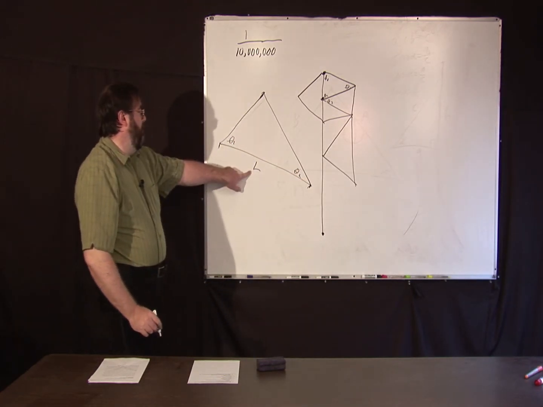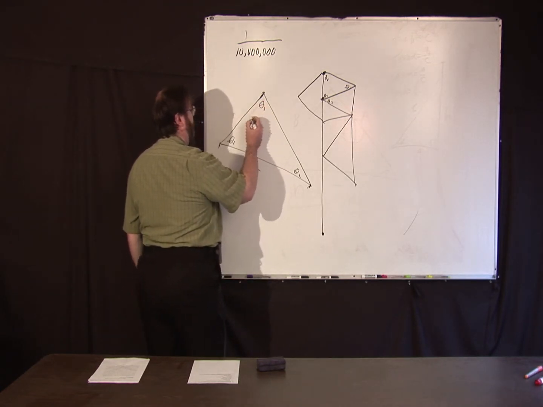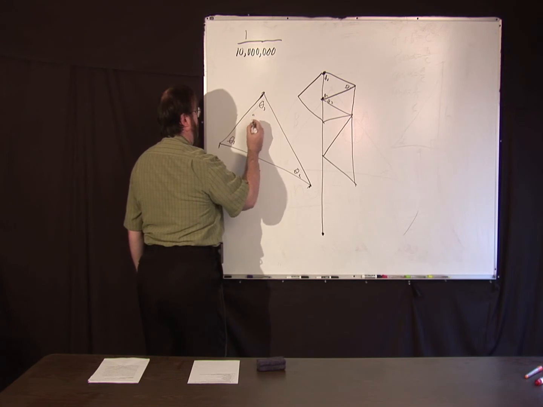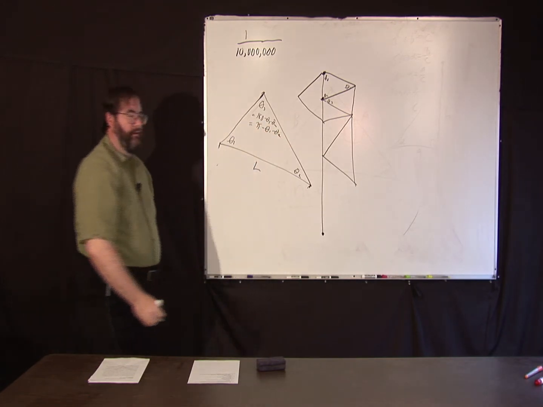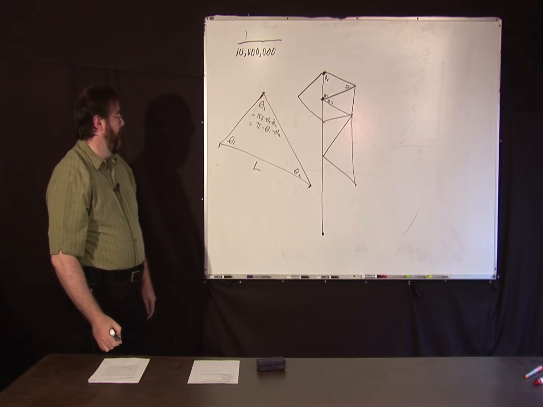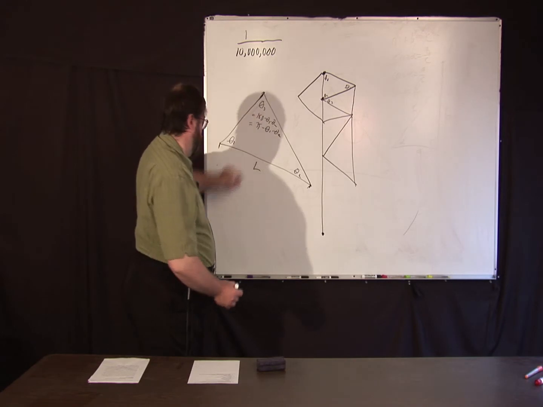Okay, we know L. We know theta 3, because that's equal to 180 minus theta 1 minus theta 2, or in radians it's pi minus theta 1 minus theta 2. So we know this angle.